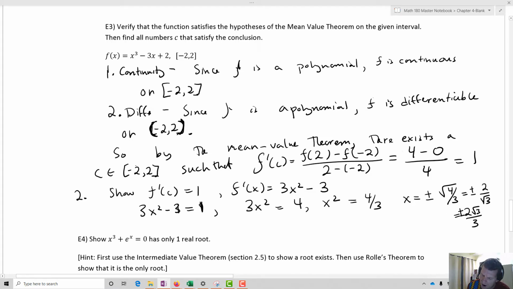Now, what we need to notice is that because we're only looking from negative 2 to 2, which one's actually in there? Or is it both of them? Because it could be both of them. So we'll go and we'll check. Now, x ends up equaling basically plus or minus 1.732.